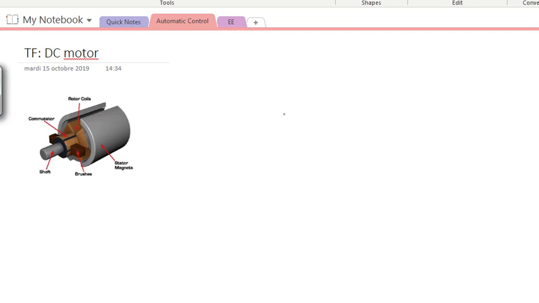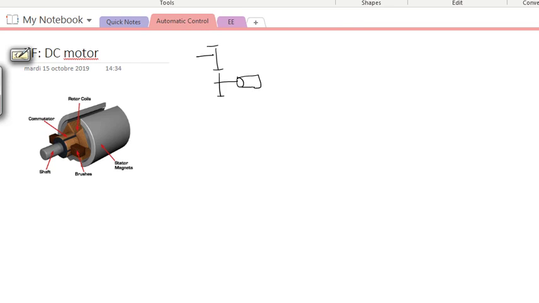So in this video, what we're going to look at is how to create a transfer function of a system with a DC motor. What we have seen until now is a transfer function of a rotational system with load and with gearing. For example, a system with gearings and load at the end.